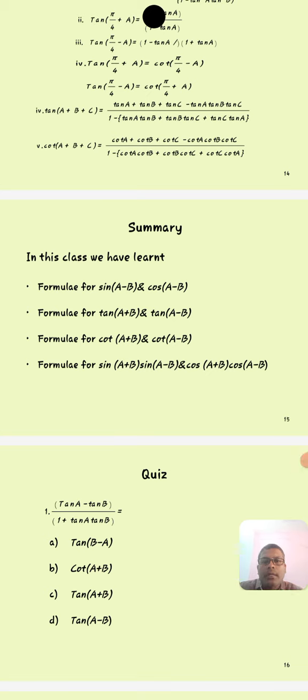Now we see the summary. In this class we have learned the formulas for sin of a minus b and cos of a minus b, the formulas for tan of a plus b and tan of a minus b, cot of a plus b and cot of a minus b, and also sin of a plus b into sin of a minus b, and cos of a plus b into cos of a minus b.